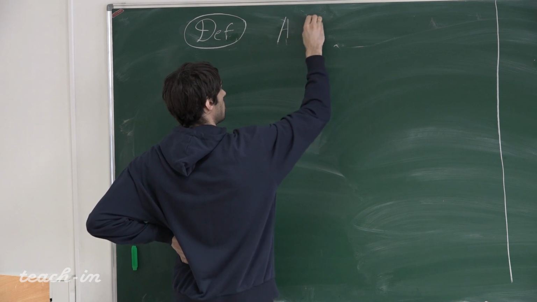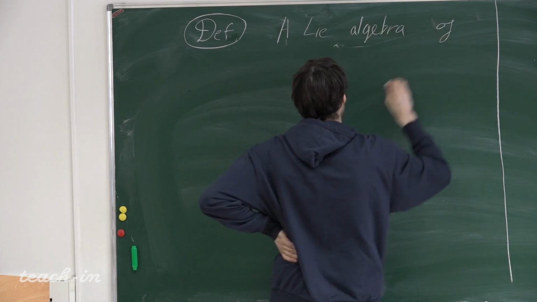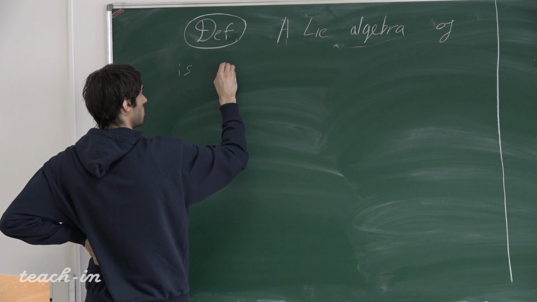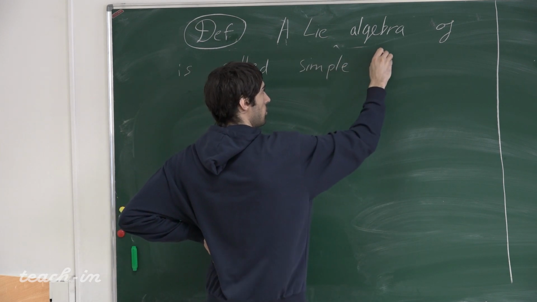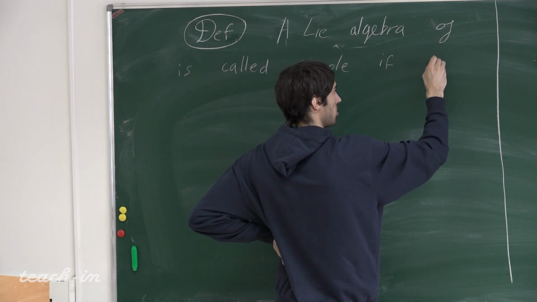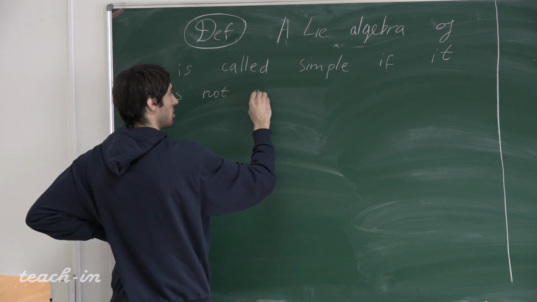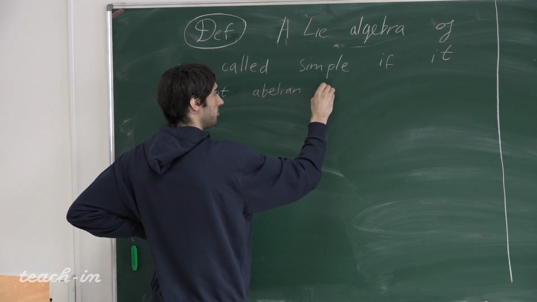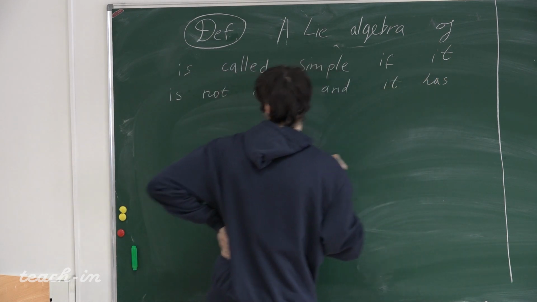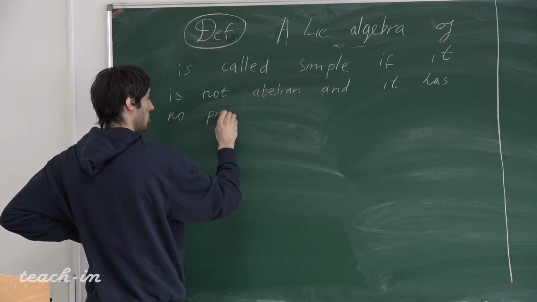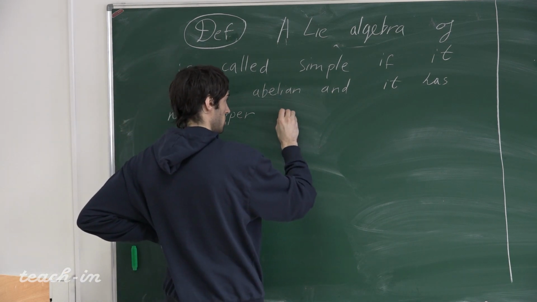Lie algebra G is called simple if it is not abelian, first of all, and it has no proper non-zero ideals.